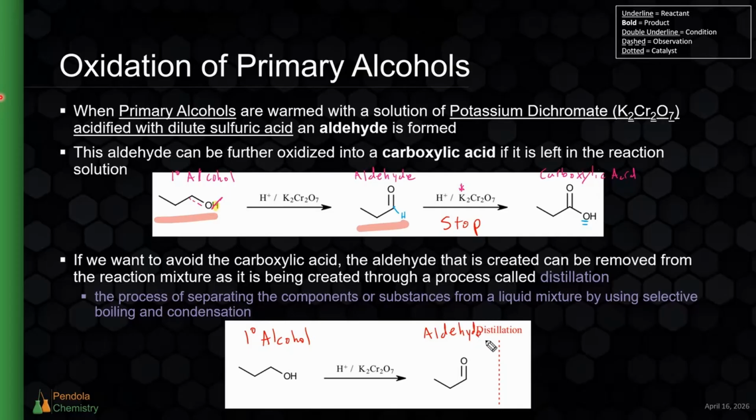And before that aldehyde can be further oxidized into carboxylic acid by dichromate, we remove it through the process of distillation. We essentially boil it, we turn it into a gas, so this is a liquid, we turn it into a gas and remove it from the mixture while the reaction is happening. So let's look at how we accomplish that.